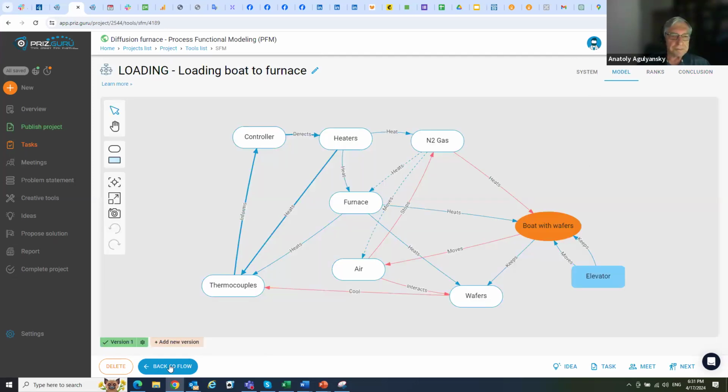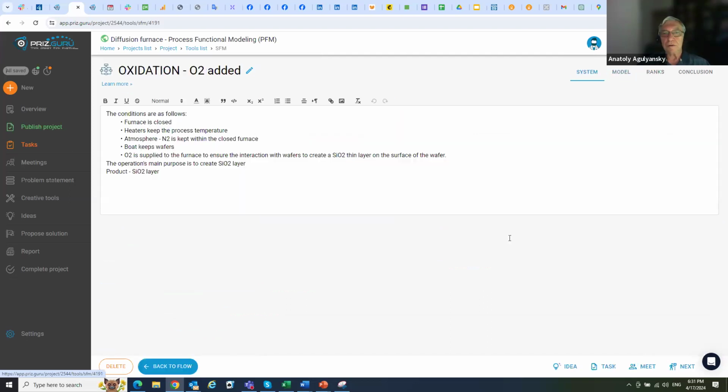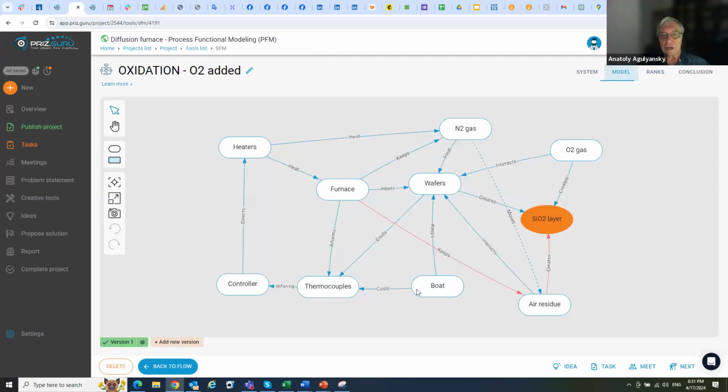And let's go to the flow. This one, oxidation. I described what happens during this stage of operation, and I created a model. You see in the oxidation, it's a silicon oxide layer.